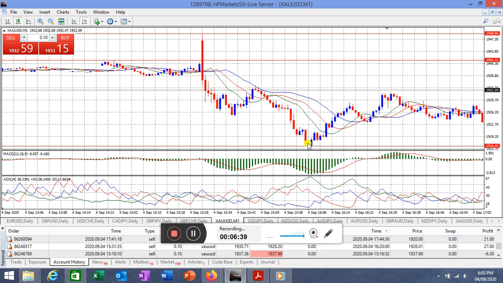I didn't hold on to it. Alright. So that was that. Nonetheless, as you can see right here, came back. I caught some selling, so I caught some of this in the latter part.